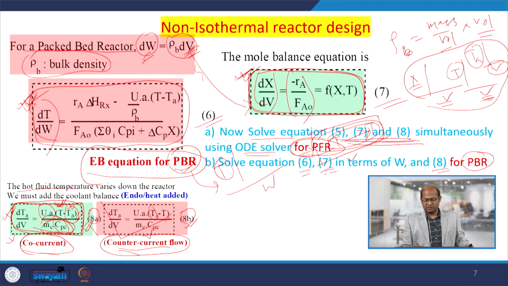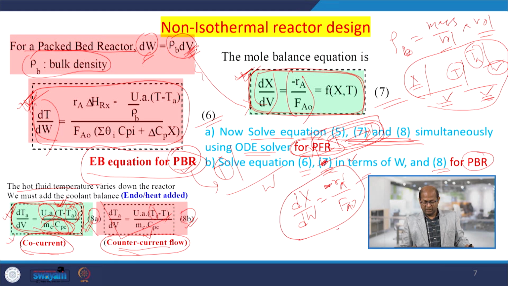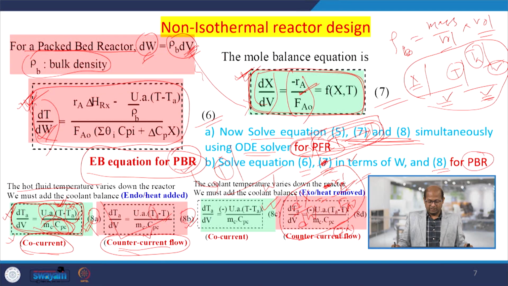Oh, not 7, this is similar: dX by dW equals minus Ra prime by Fa naught. These equations we have to use, not equation 7. So this type of equation 7a we have to solve, with minus Ra prime, since this is a catalyst use: per unit weight of catalyst basis rates rather than volume basis. So these equations we use for the packed bed reactor.